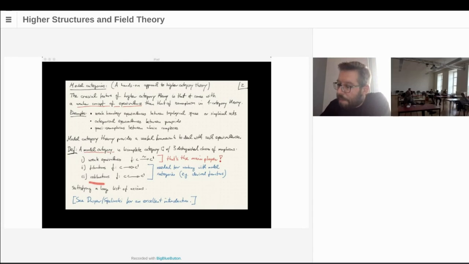Then there is another class of maps, the cofibrations, and these are as good as injective as possible. And these three classes of maps together have to be compatible. And this compatibility is formulated by a long list of axioms, which I don't want to go into in detail.